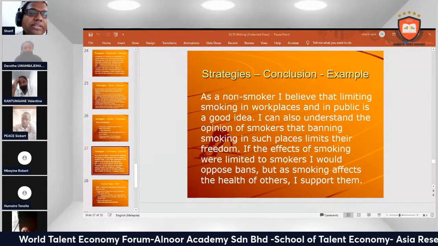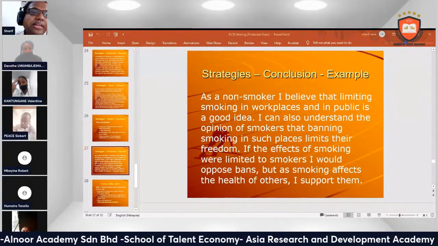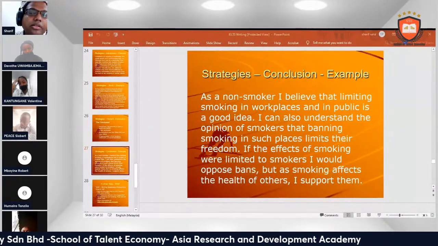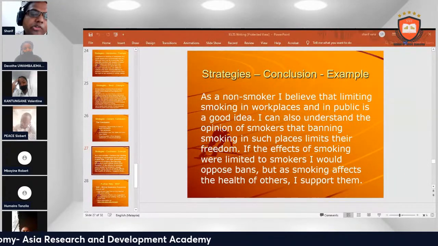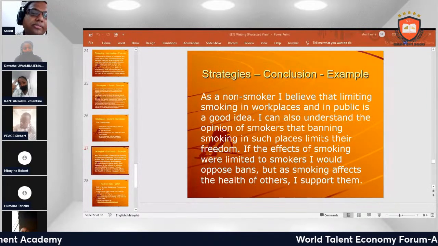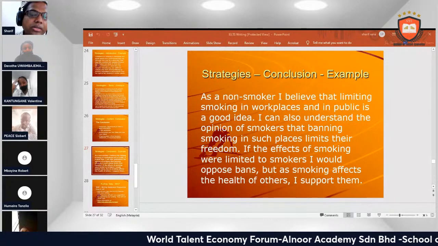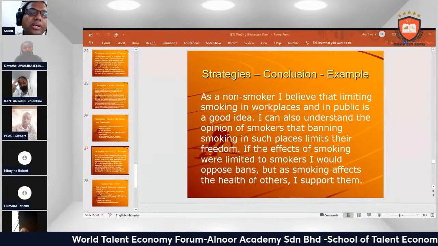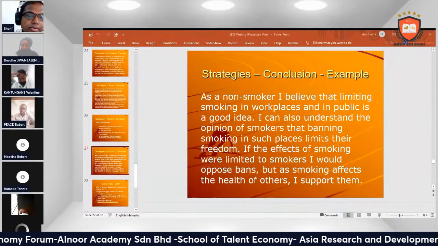And the conclusion is actually a summary. Let's say I say, I do not like smoking. So why do I not like smoking, based on my four pieces of evidence? You have to conclude these things. This is the body and this is the conclusion of a writing. Thank you. Yes.